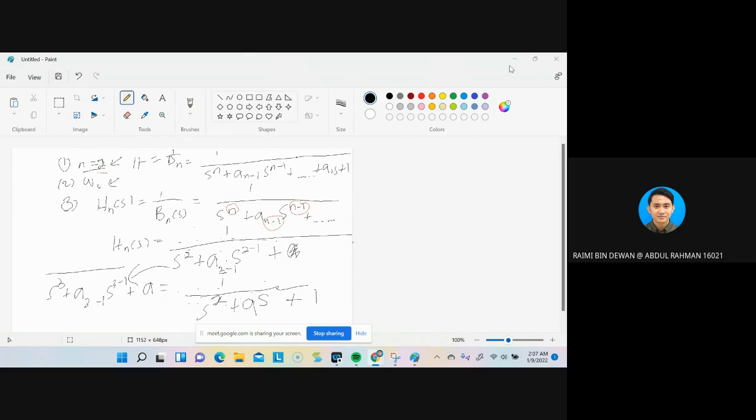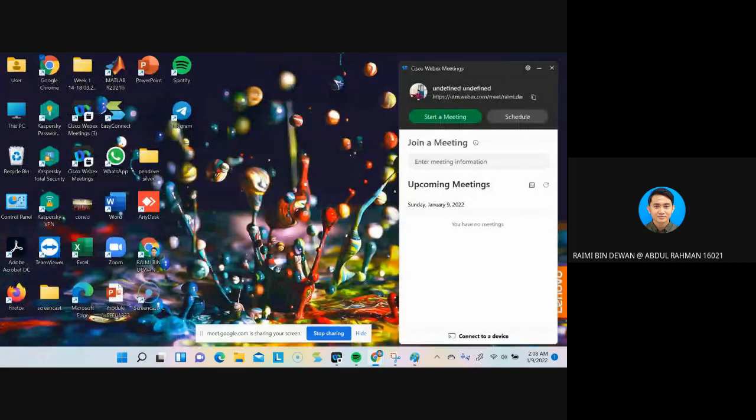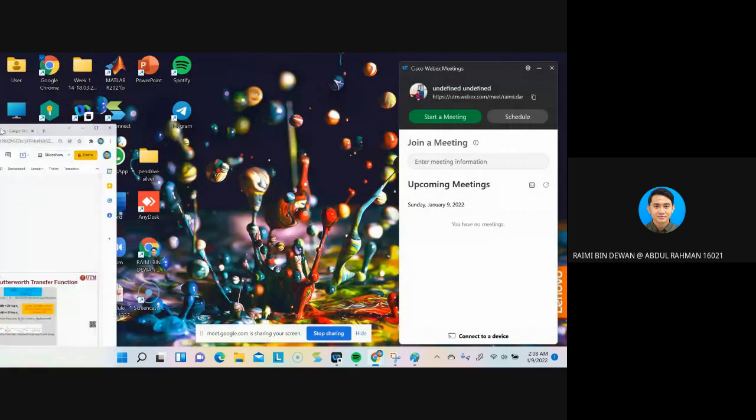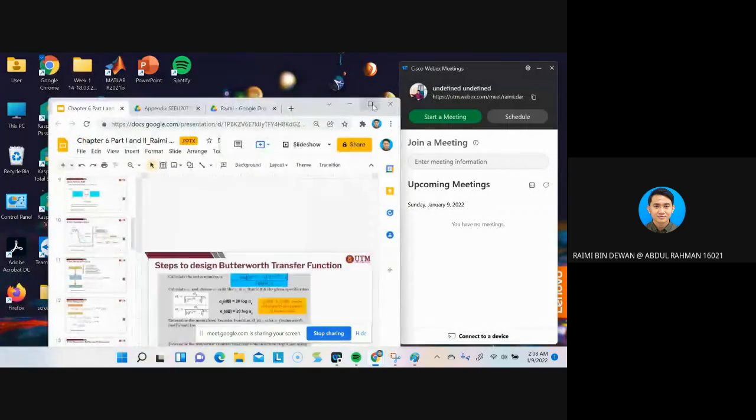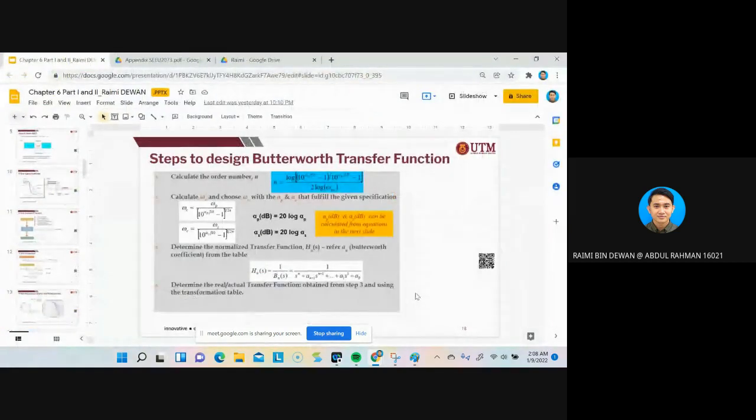Sorry if my explanation is a bit not clear. I think it will be much clearer if we go to the example later on. Then step number 4: we need to determine the real or actual transfer function obtained from step 3 using the transformation table.